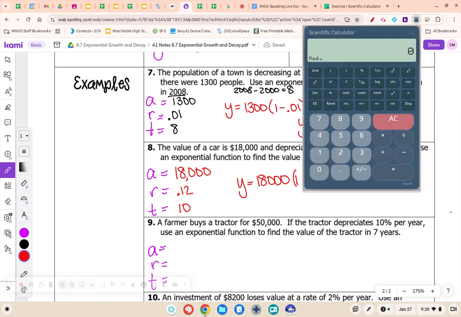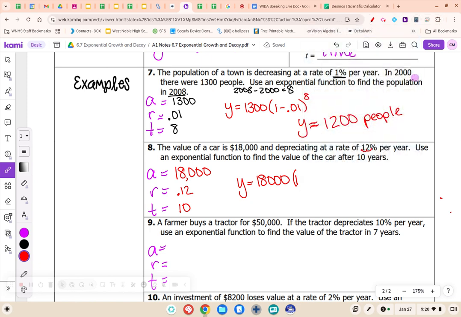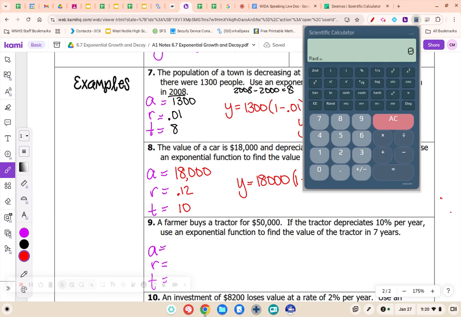So we make our formula here. So we have 18,000 times 1 minus 0.12 to the 10th power. And now I'll plug it into my calculator. So 1 minus 0.12 to the 10th power times 18,000. Oops, I put too many zeros on and I don't think it'll let me back up.